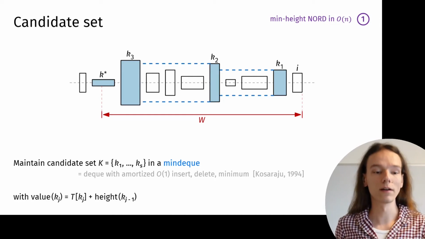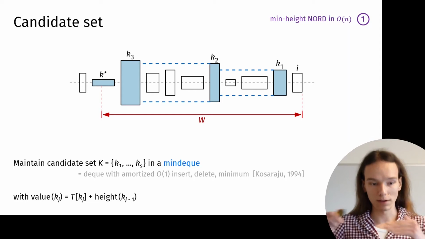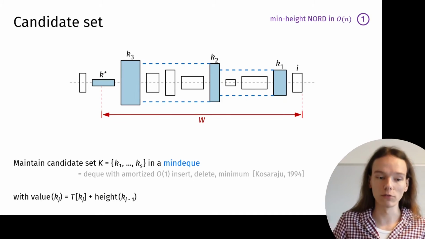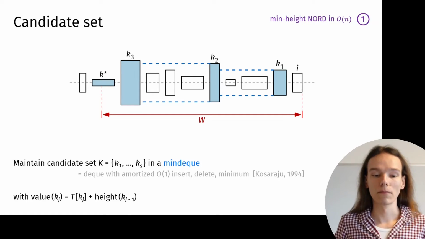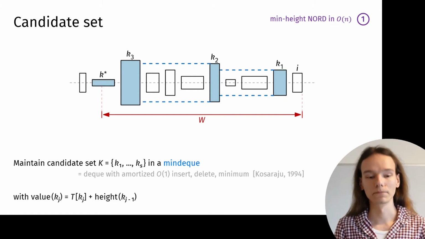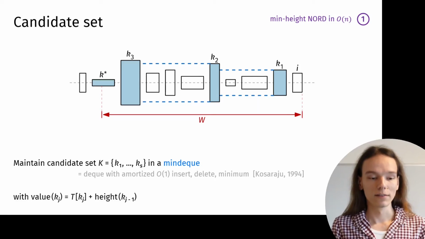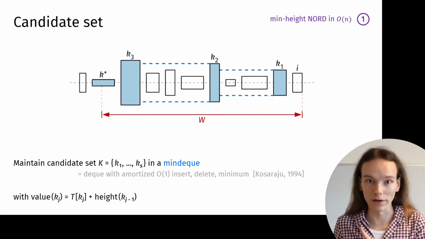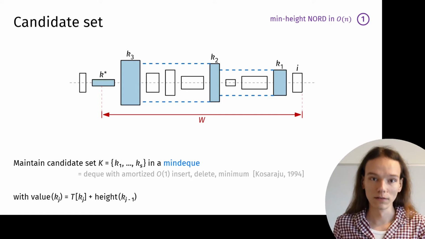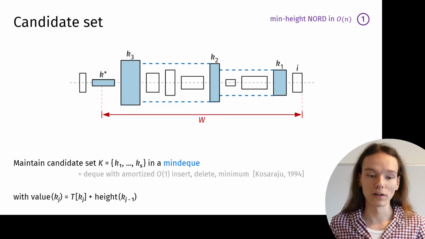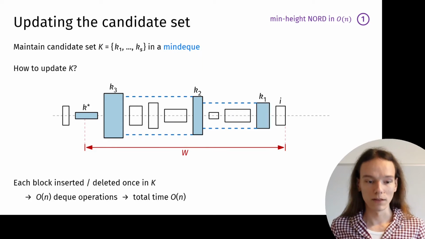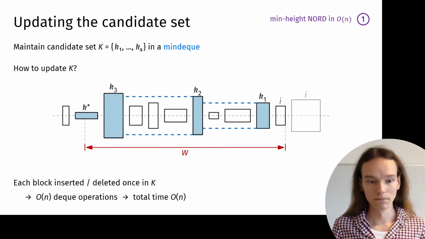So for example here, for k3, we take the height of everything up until k3, and then we take the height of k2 and add it to that, and then you get a total drawing height. And crucially, this is constant. So if we go to the next block i in the next iteration, we don't need to update these values at all. So to update, the only thing we need to do is look at the new block.